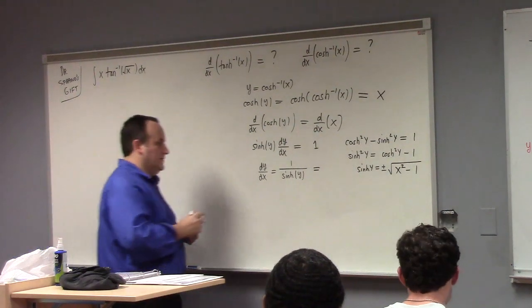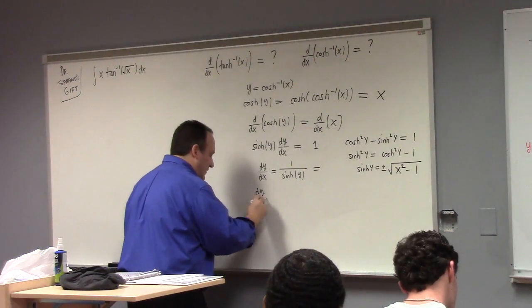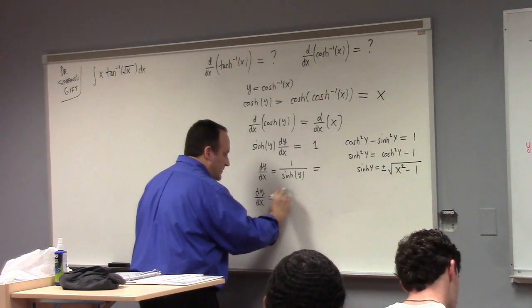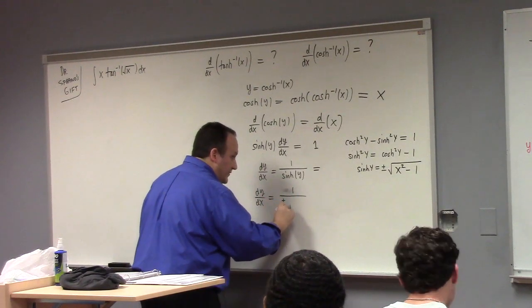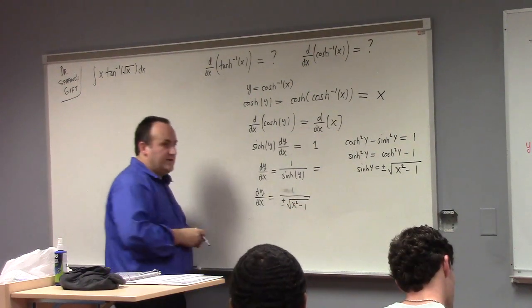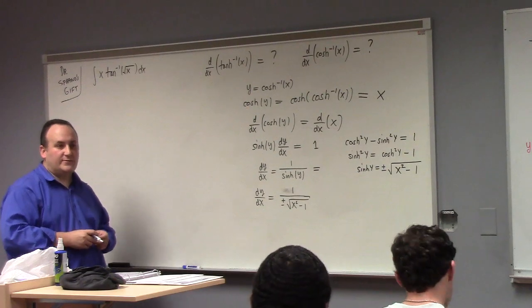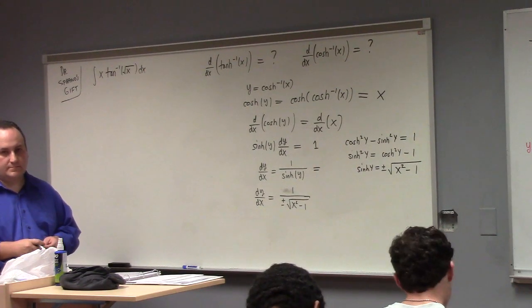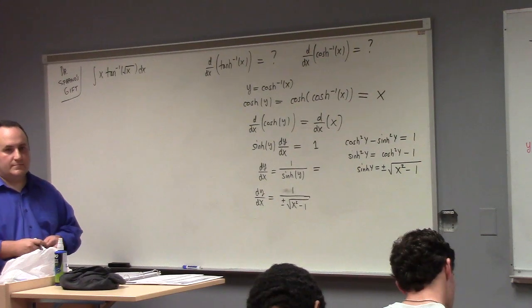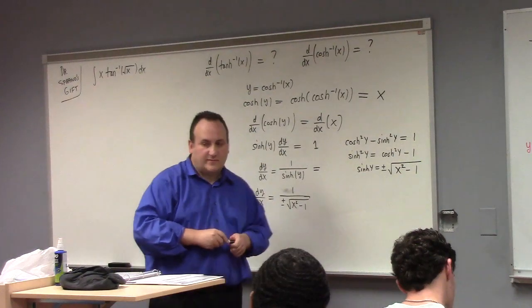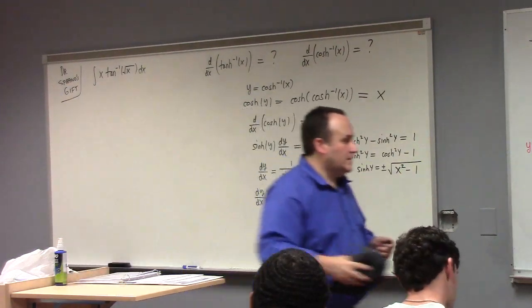So algebra has led us to this: dy dx is equal to 1 over plus or minus the square root of x squared minus 1. How do I choose the plus or the minus? Which one is it, and why do I choose that? What's the relation between a function and its inverse function in terms of differentiation? Do you know?